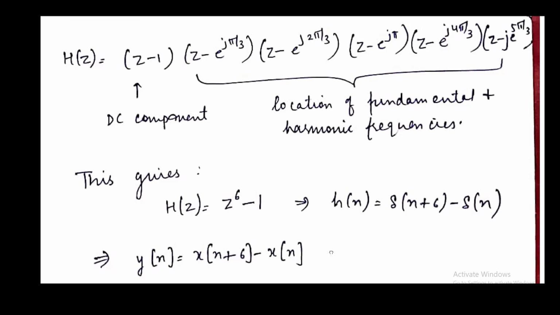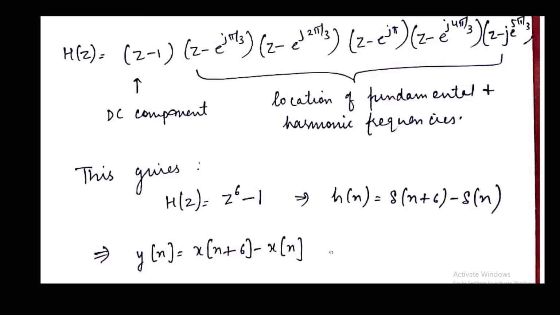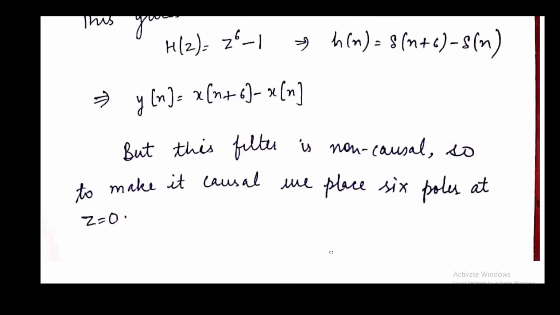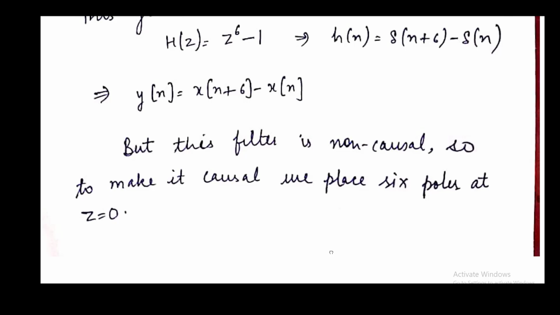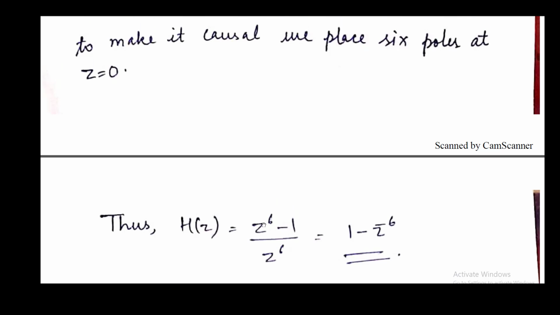So similarly, we have to include 6 poles at z equal to 0, and by that we'll get the equation of H(z), that will be z raised to power 6 minus 1 divided by z raised to power 6. If you solve this equation further, we will get 1 minus z raised to power minus 6. So actually this is now the causal filter representing a comb filter.